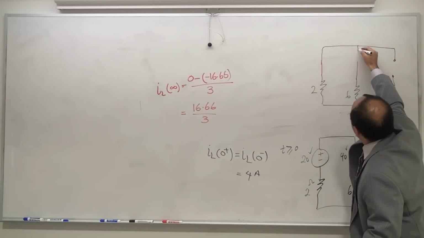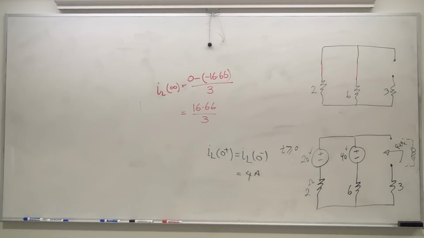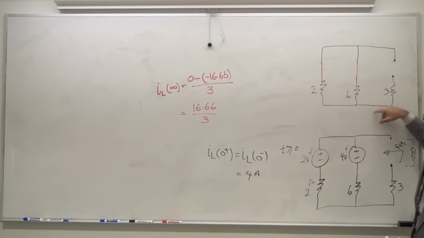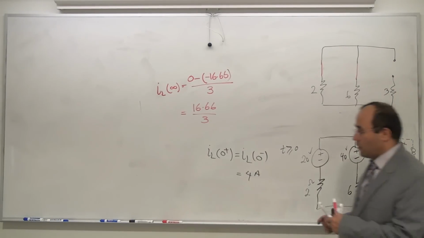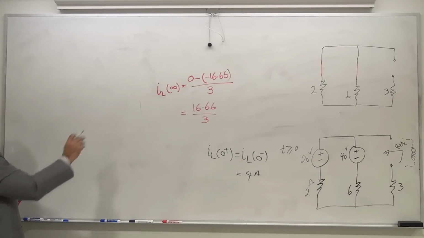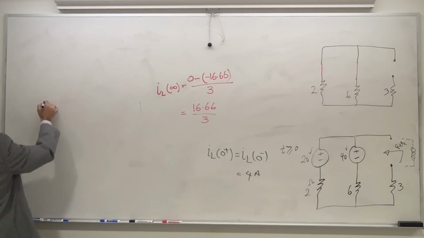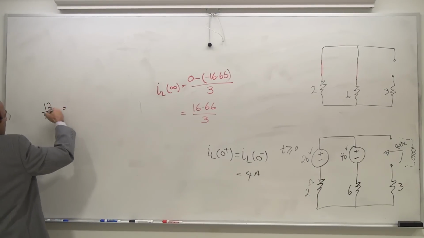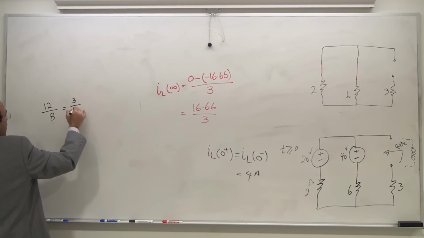Now you can see that if you have any weakness in chapter 3 and 4 before the midterm, you are going to be in trouble. You can see how fast we need you to utilize that knowledge. Now from this, I see 6 and 2 to be in parallel and the outcome to be in series with 3. So 6 and 2 in parallel: 12 divided by 8, or divided by 4, that's 3 divided by 2.